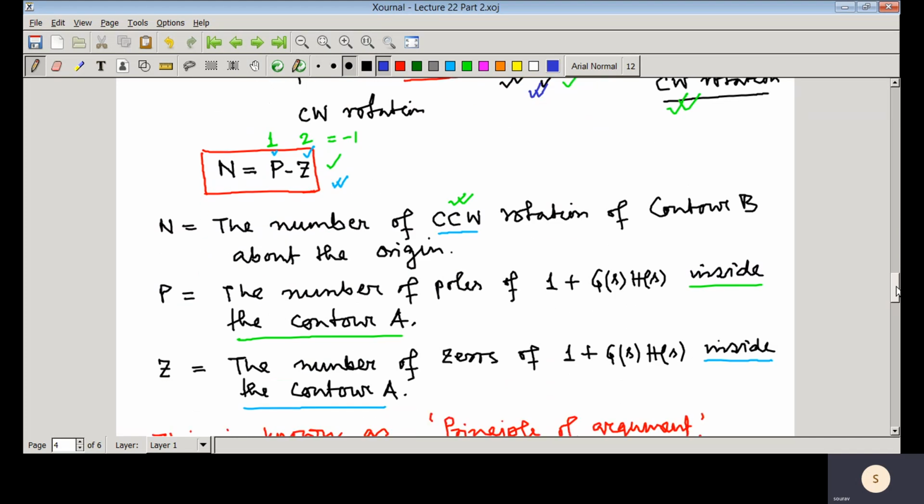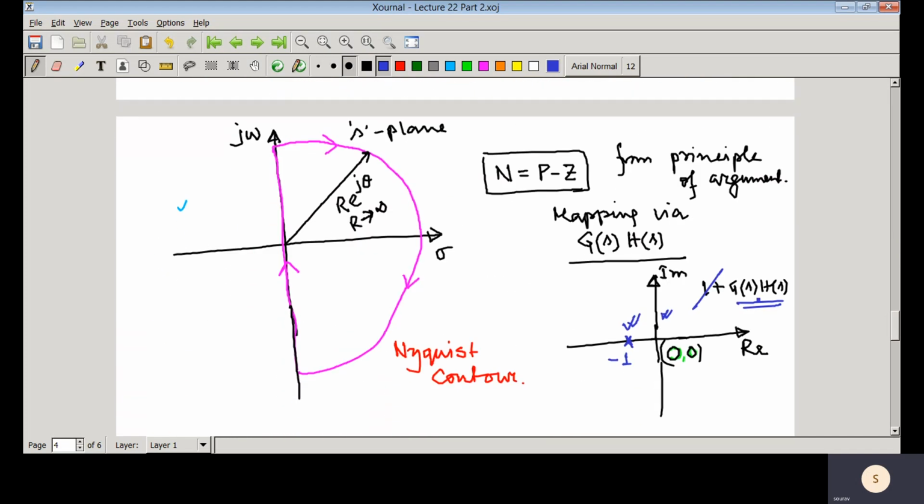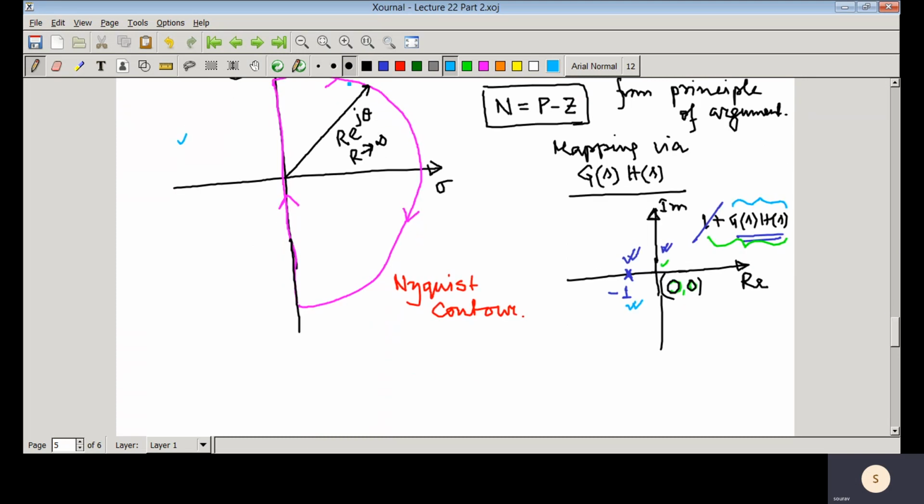So that's why if we go with 1 plus g of s h of s, this whole thing, then that encirclement would be 0. But if we go with g of s h of s, the encirclement would be minus 1. That means we need to see whether the mapping would be via that g of s h of s.